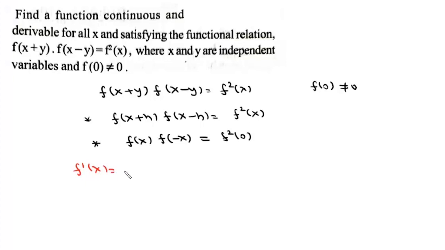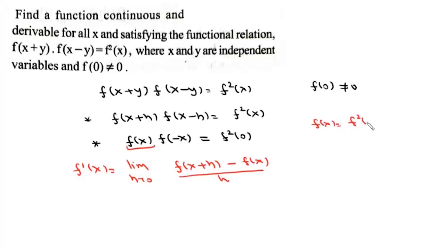Now what we'll do is we'll write f dash x. Now this f dash x will be this limit h tends to 0 of f(x plus h) minus f(x) upon h. Now what we'll do is we'll write this f(x) as f square 0 upon f(minus x).